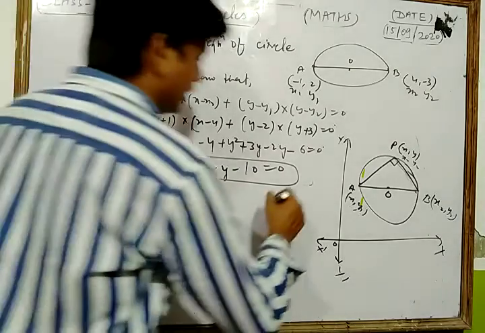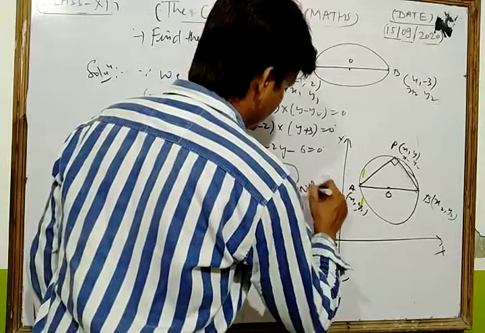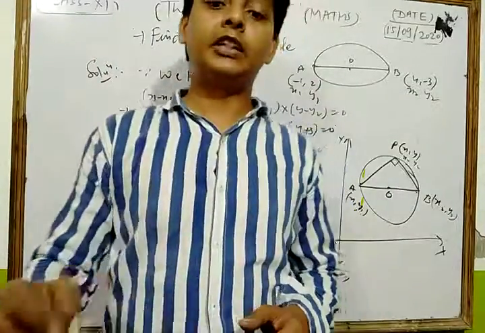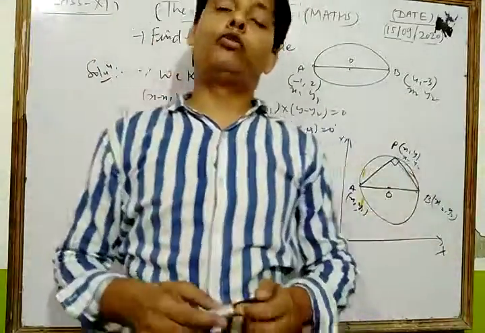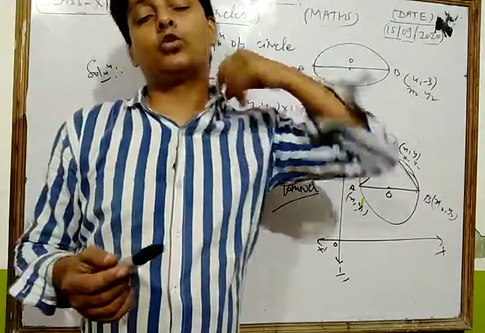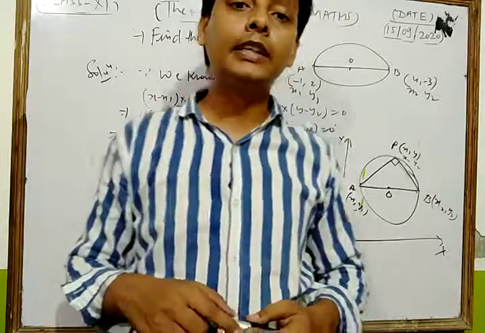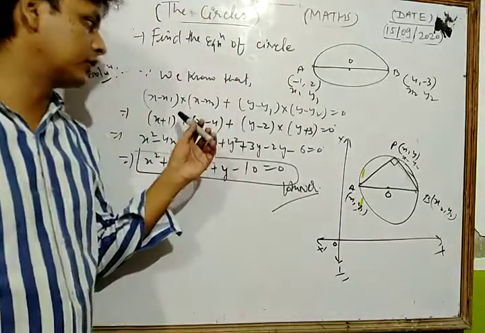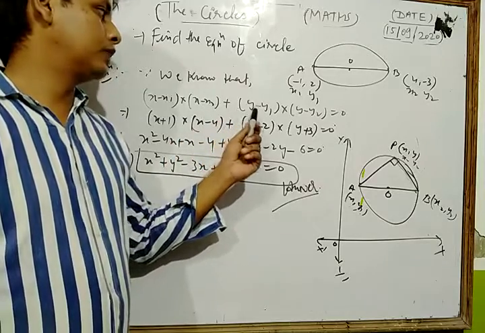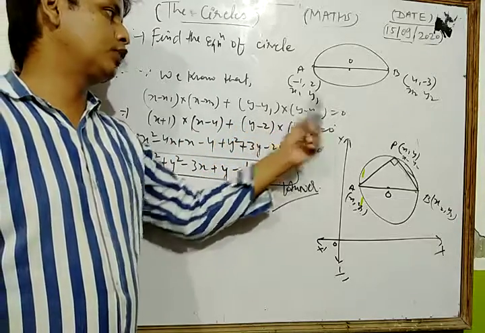This is our complete answer. Thus, dear students, in this way, if you have to find the equation of a circle and the coordinates of the diameter's endpoints are given, you apply the formula x minus x1 into x minus x2 plus y minus y1 into y minus y2 is equal to 0.